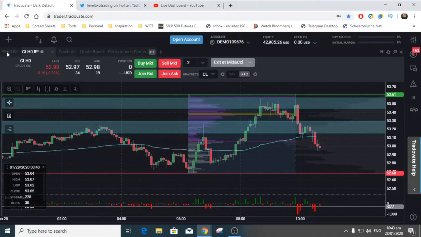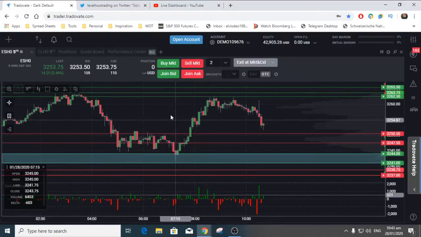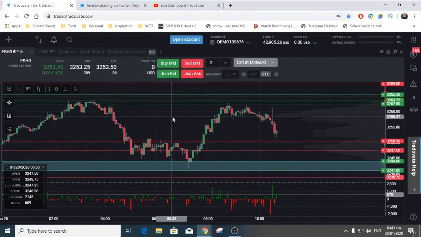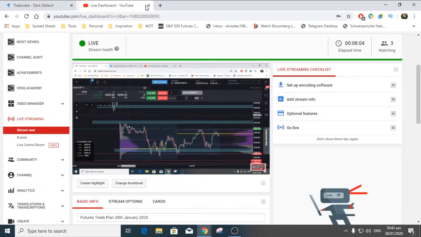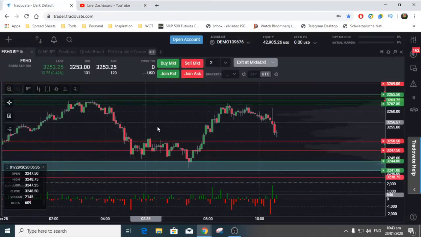So most of the price action happened prior to the open. I don't need to use that today.